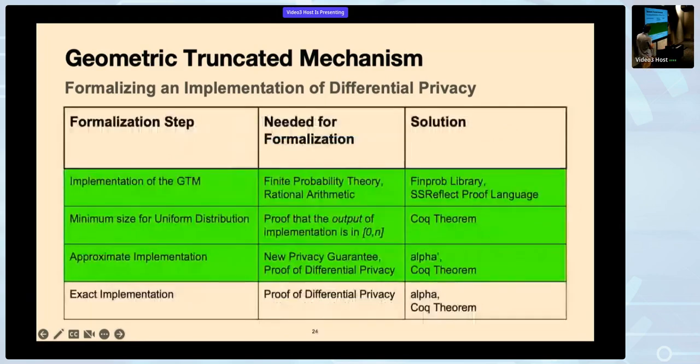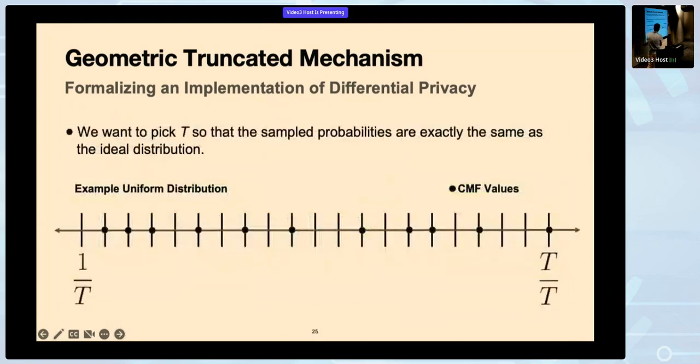All right, great. So now we have a quantification of our privacy loss and a privacy guarantee for a naively implemented mechanism. But we still want our implementation to be identical to this ideal distribution. So mainly what we need to do is get a situation like the one below, where the sample probabilities are exactly the same as those of the ideal distribution.